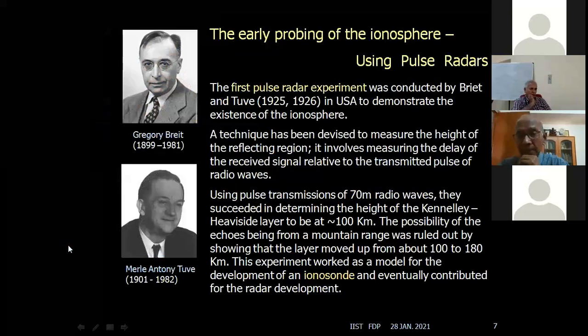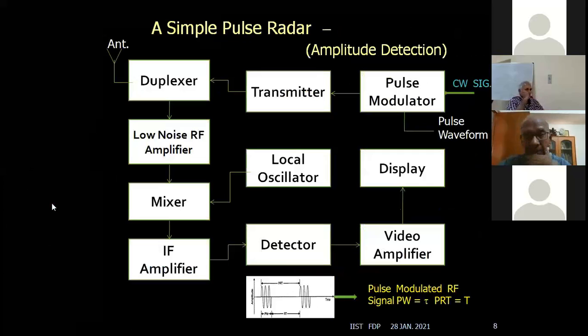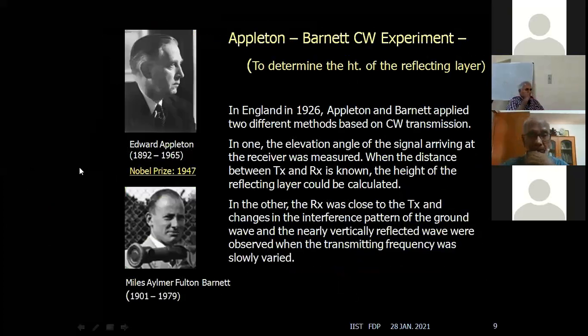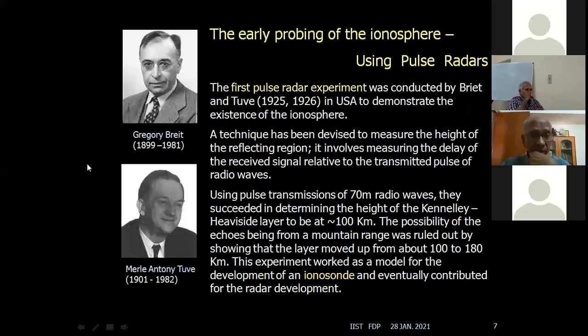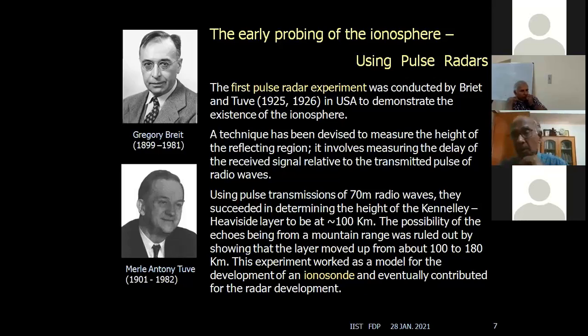So people thought, what kind of an instrument is needed to detect that conducting layer? Two US engineers working at the University of Wisconsin, Gregory Breit and Merle Tuve, built a pulse radar.